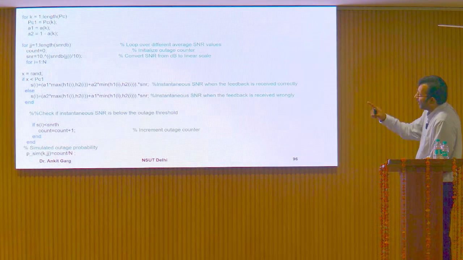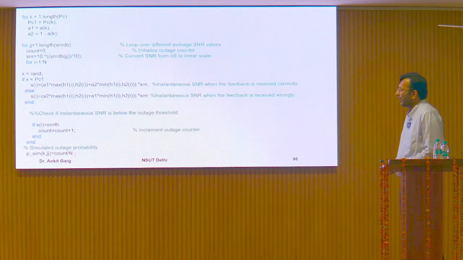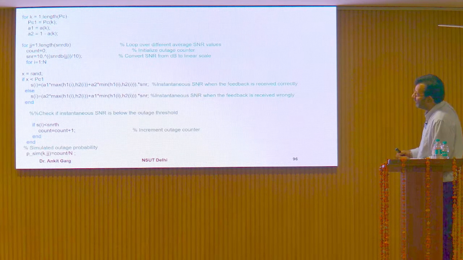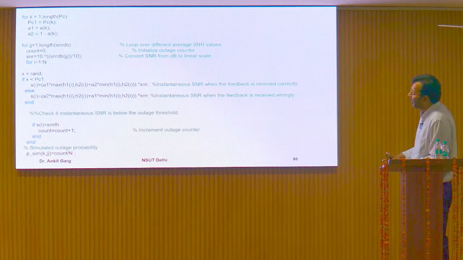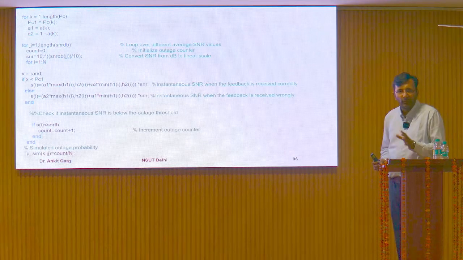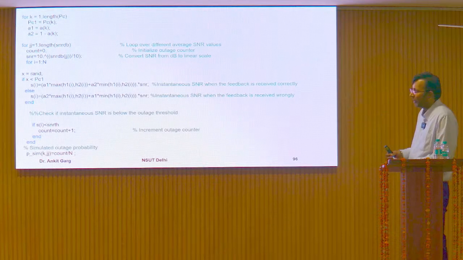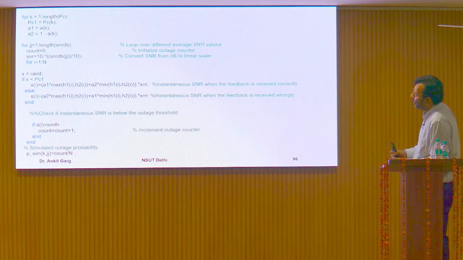Here you can see in the middle part where x equals rand, right? And if x is less than PC1, we would select the instantaneous SNR accordingly. This is the whole logic of the feedback bit. You can't see the feedback bit here, but you can easily analyze it with the help of this rand. rand provides a random value between 0 and 1, as I already showed you previously.